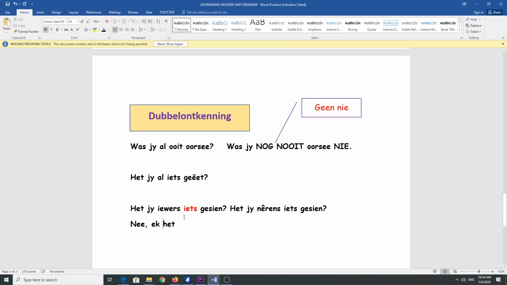And then iewers must change to nêrens. It's going to stay the same because it's the second ontkenning word. And then gesien nie. So that is what you are going to do there.